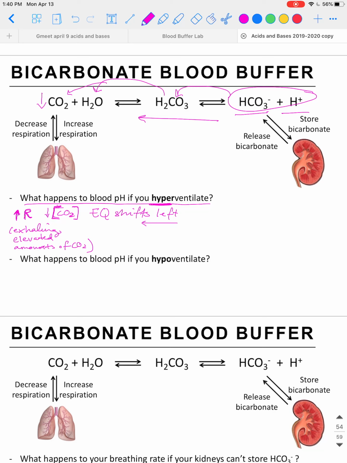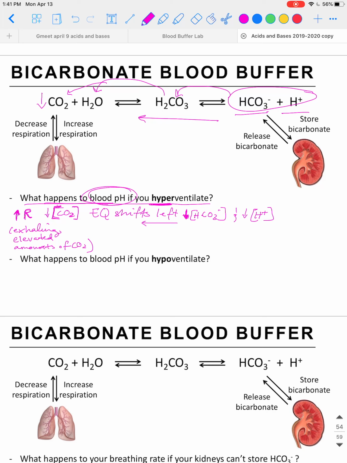We have to react them and make more H2CO3 and make more water and CO2. So the concentrations of HCO3 minus and the concentration of H+ go down. We're going to use those up to make more CO2 because maybe we're exhaling or breathing out too much from hyperventilating.